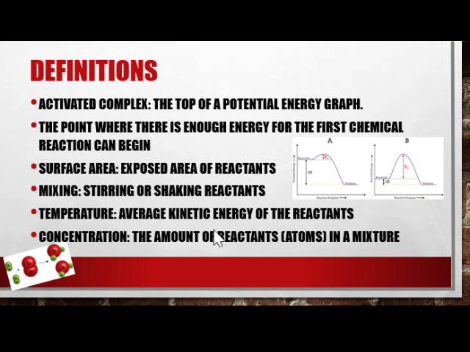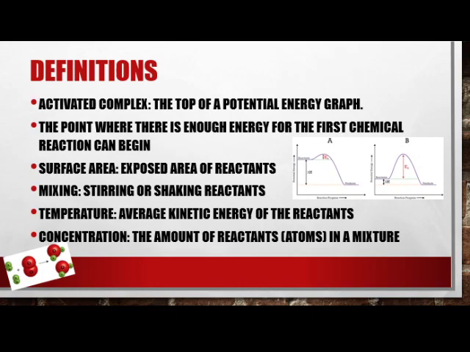The next one, I'm going to remind you one more time, is temperature. Remember, temperature measures the average kinetic energy of the reactants. Remember, energy or heat and temperature are two different things. They're separate. Temperature really just tells us how fast those reactants are moving, and that's how we gauge it, by taking the temperature. It's measured in kelvins.